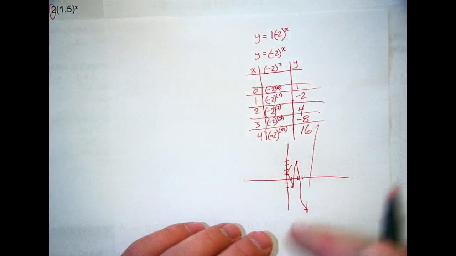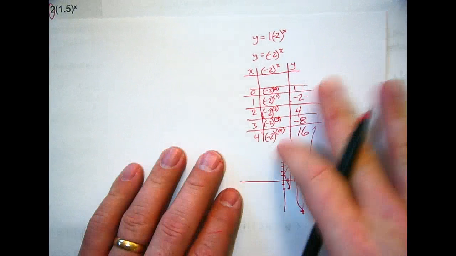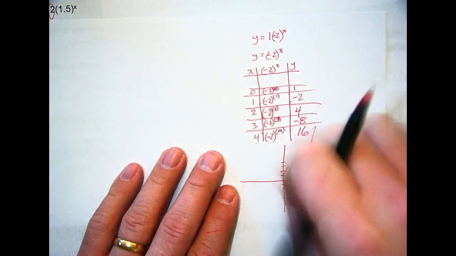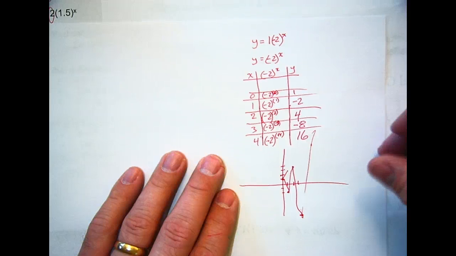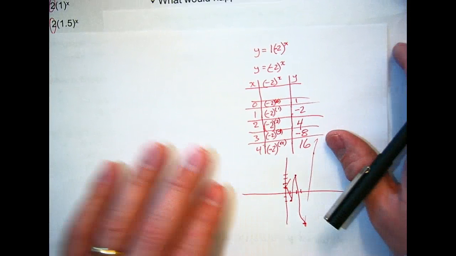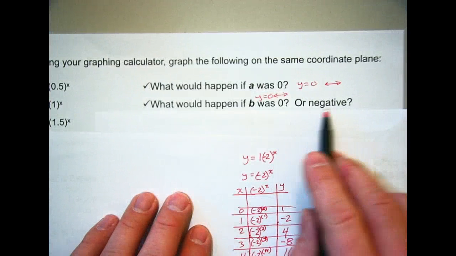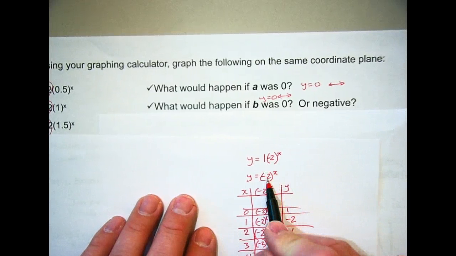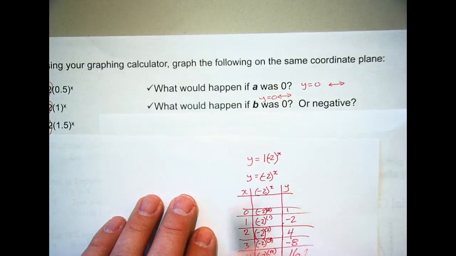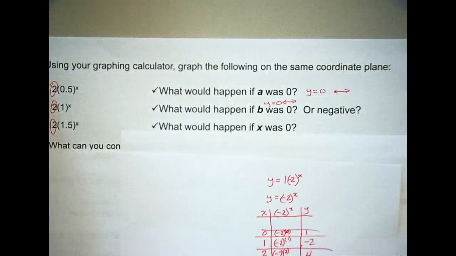Okay? Well, hopefully not, but you know what I mean. It's a zigzag kind of weird graph, right? So, yeah, the problem is when b is negative, you don't have an exponential function, even though it looks like one. Okay? But it's not an exponential function.